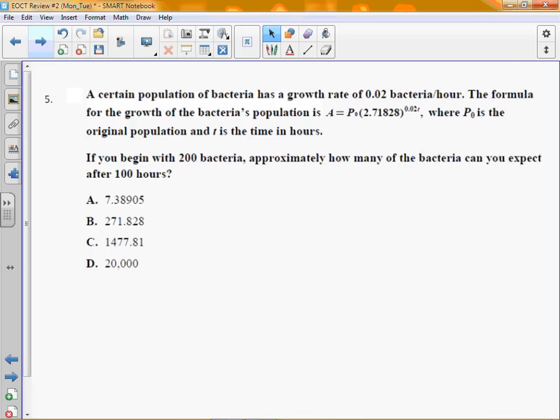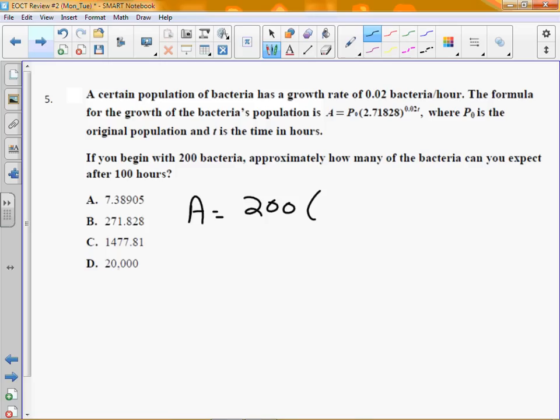P sub 0 is the original population. So the amount equals 200 times 2.71828 to the 0.02t. Okay, again, this was one of those issues I tried to get you to see last week so I could review something else.